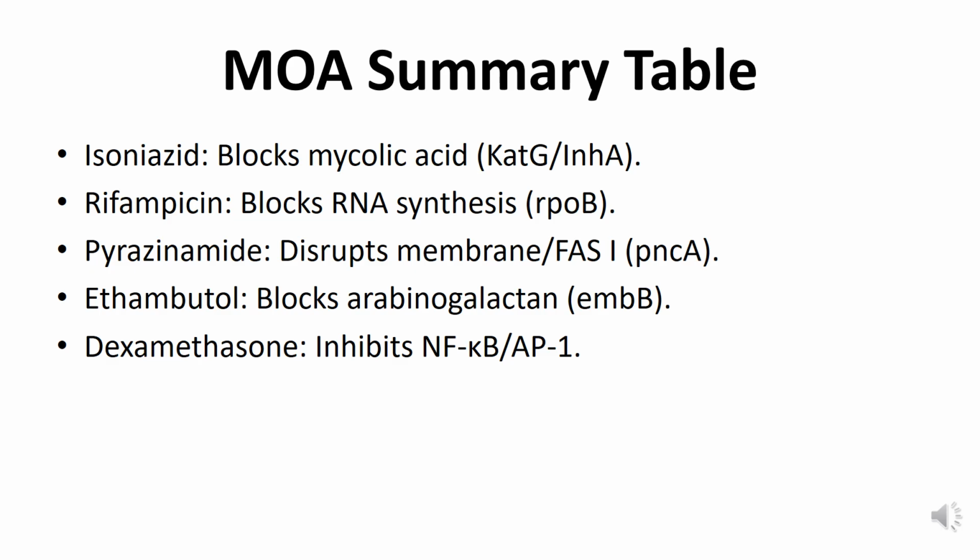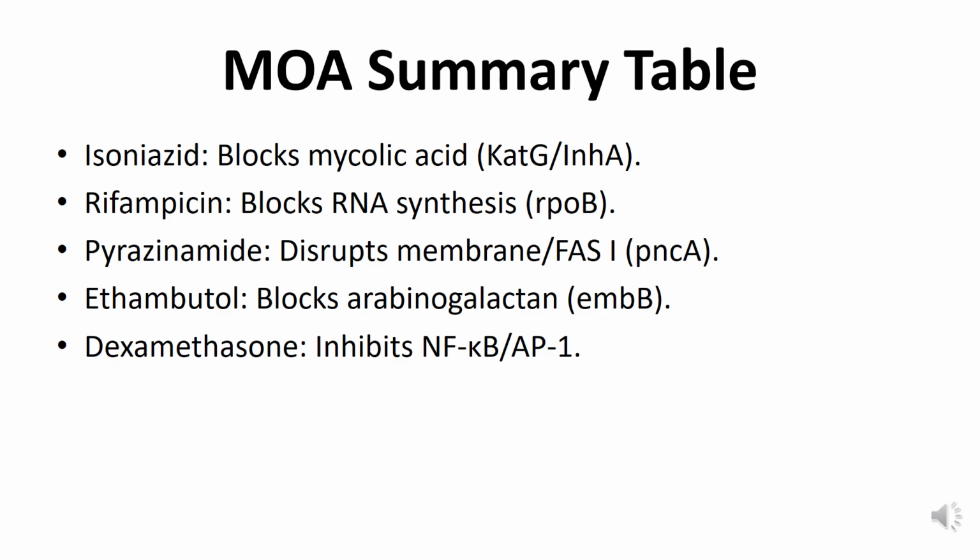The active form, pyrazinoic acid, disrupts membrane transport, interferes with energy production, and inhibits important metabolic pathways such as fatty acid synthesis. Its greatest strength is its activity in acidic environments, where many persistent bacteria tend to hide. This makes pyrazinamide especially valuable for eliminating difficult-to-reach bacterial populations.